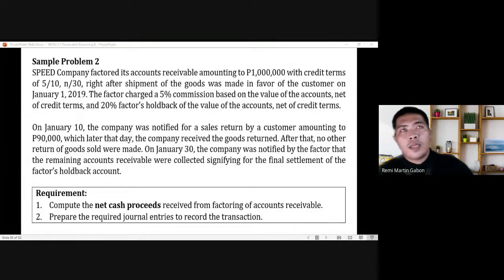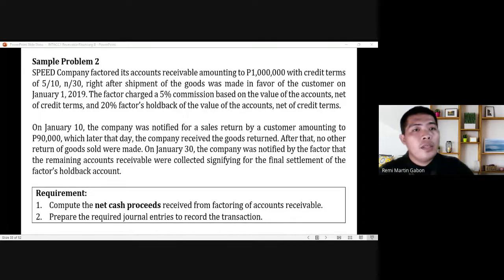Should the accounts receivable all be collected and no other allowances or returns made, the factor has the obligation to remit any remaining balance of the receivable from factor or factor's holdback. Because the only purpose of the factor's holdback is as a buffer for losses.